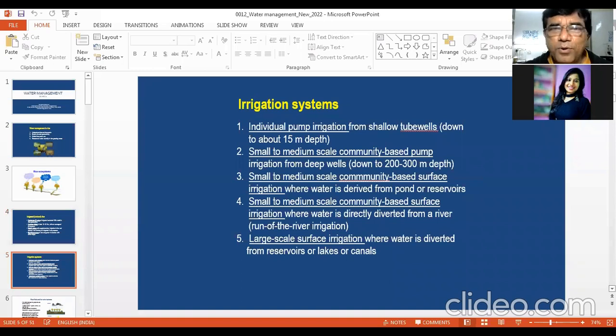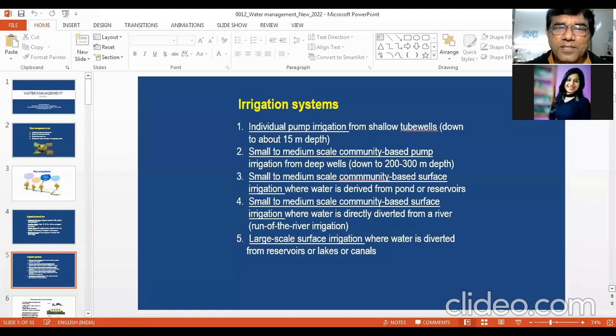Now, what are the important irrigation systems? Let us see what kind of sources of water are there for rice or for any other crop. A farmer will have almost one or two kinds of sources of water for all crops, whether it is rice or whatever he has.